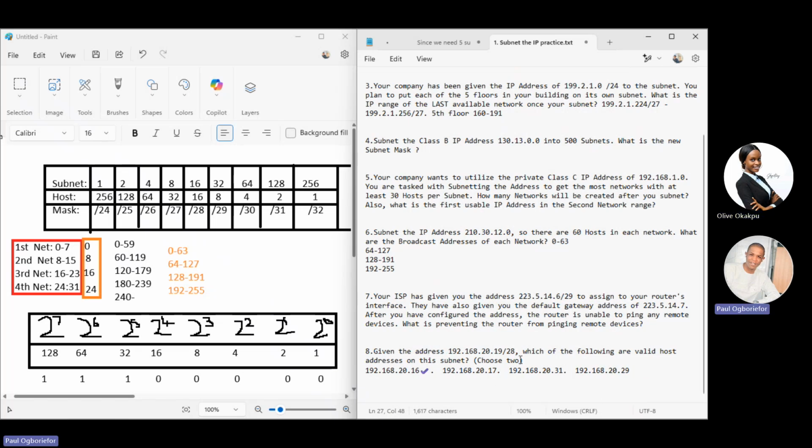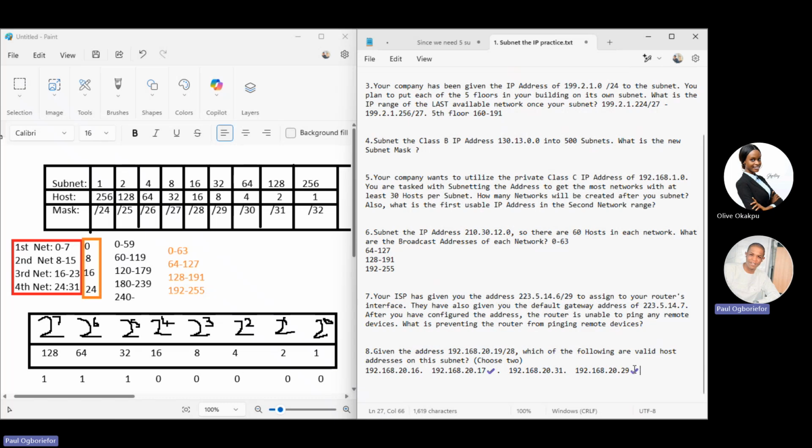So if that is the case, this one is not correct because it's a network ID, and this one is not correct because of what? That last one, that 31, I think that one is a broadcast. Yes. So these are the correct ones.